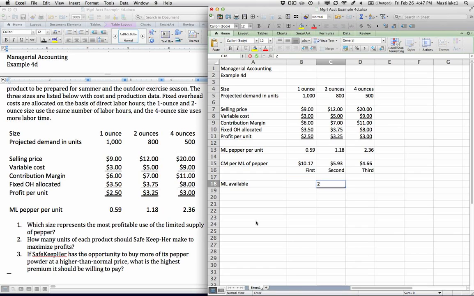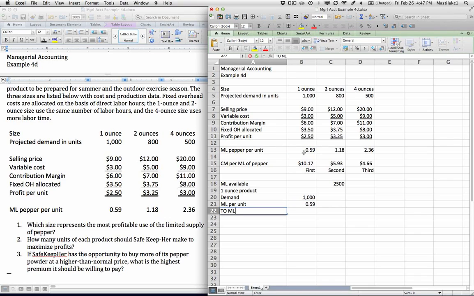So we're told we have 2,500 milliliters of pepper available. The first product we're going to make is the 1-ounce product. We've got demand of 1,000 units. And the milliliters per unit is 0.59 milliliters per unit.